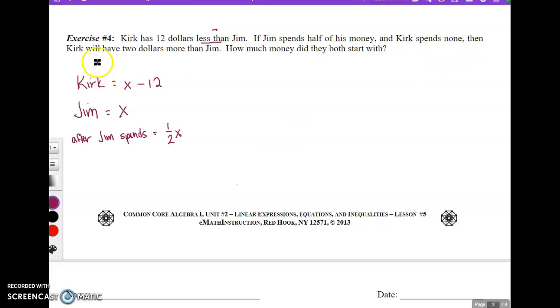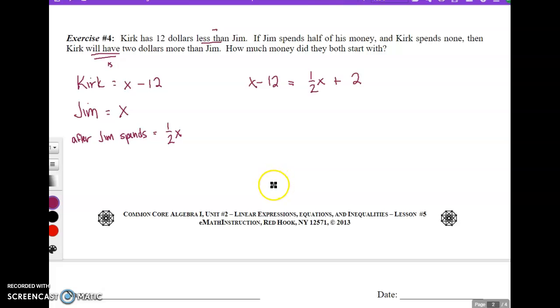All right. It says Kirk, which is X minus 12, will have, which means is in the future. So that means equals $2 more than Jim has after he spends. So 1/2 X and then plus 2. So Kirk will have what Jim has after he spends plus $2 more.